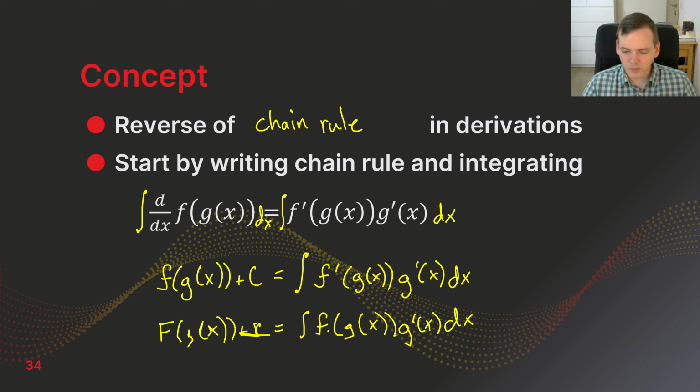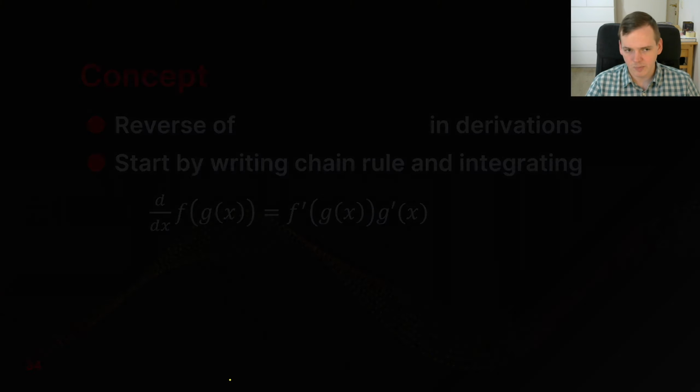In other words, if you have a composite function times the derivative of the composite piece, then the antiderivative, or the integral, is just the antiderivative of the outer piece with the inner piece left in place.